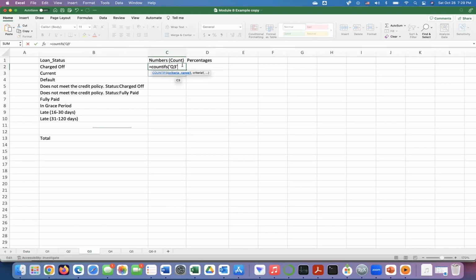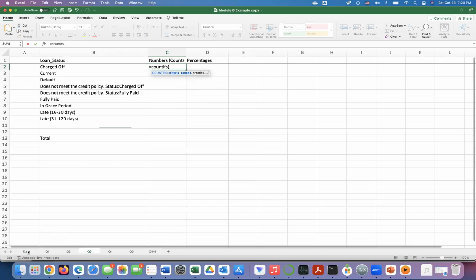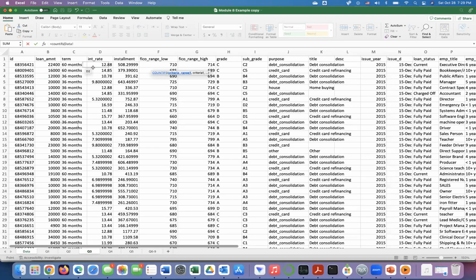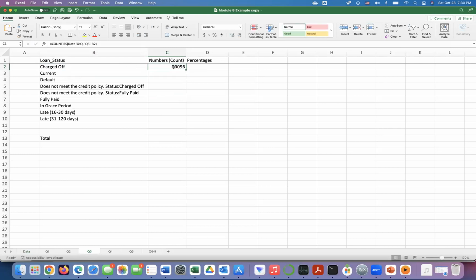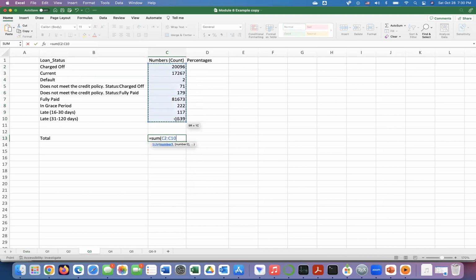We've got to see what column that is. Loan status, loan amount, installments, purpose, column O, loan status. So I click on O, I put a comma, I go back to Q3, and then it must be this. I hit enter and drag it down. Now I have all the numbers, and then the total would be equals SUM, and I just add all of them.